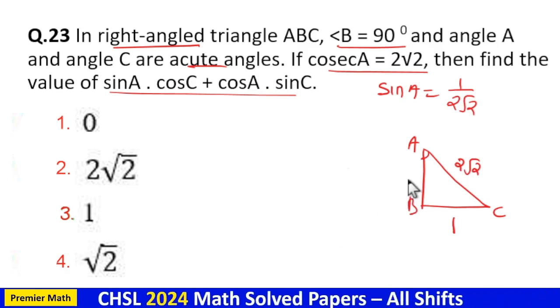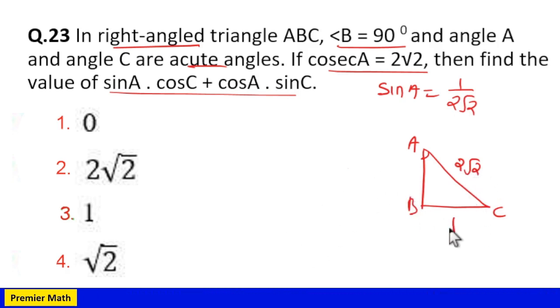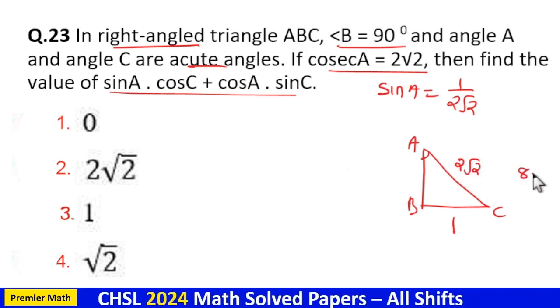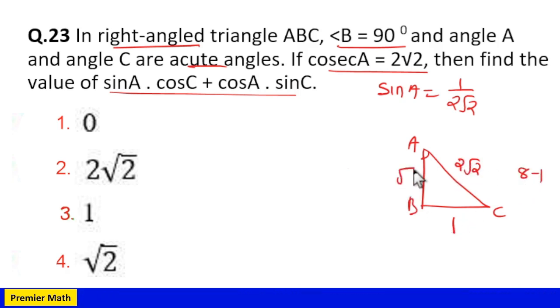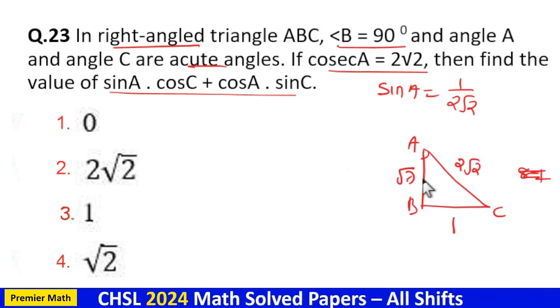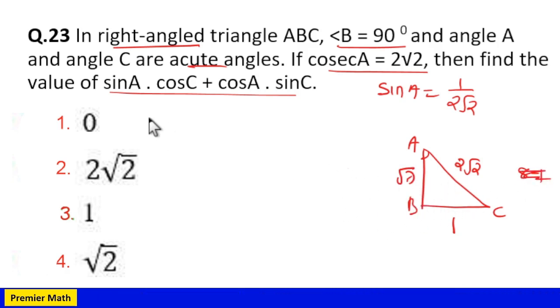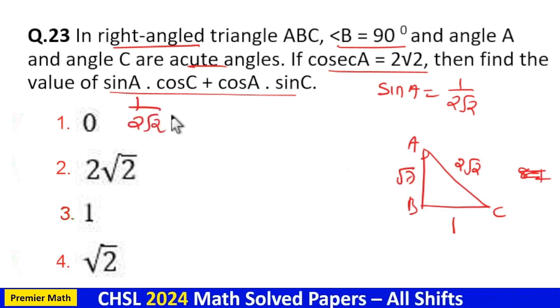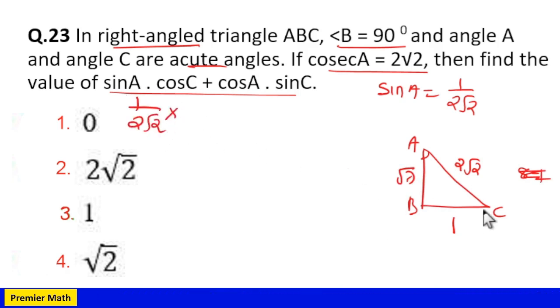Now this side is equal to root of 2 root 2 square minus 1. 2 root 2 square is equal to 4 into 2, 8. So 8 minus 1 is 7. So root 7 is this side. Now you got all the sides. Then you can find this. That is sin A is equal to 1 by 2 root 2, into cos A. Cos A is equal to adjacent side by hypotenuse.